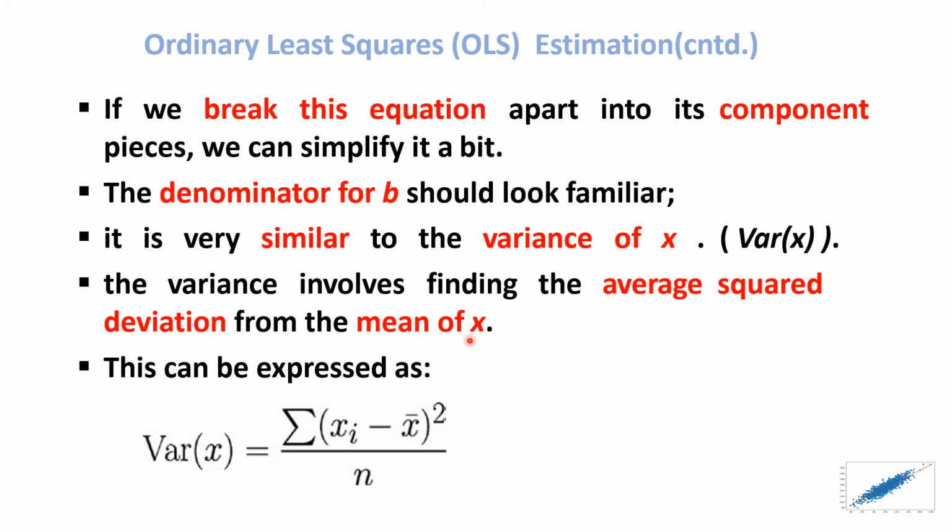For the previous equation, considering the denominator and numerator, one part is similar to the variance of x. The formula for calculating the variance of x is sigma (xi minus x bar) the whole square divided by n. If we choose one part of the denominator, we can express it in terms of variance of x.